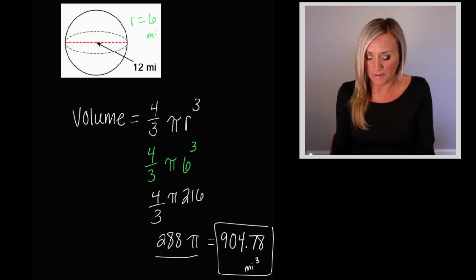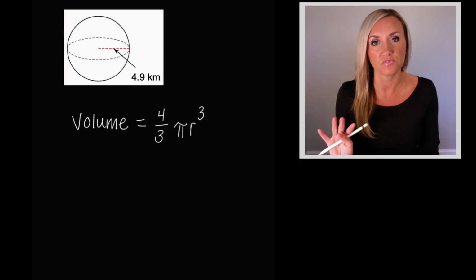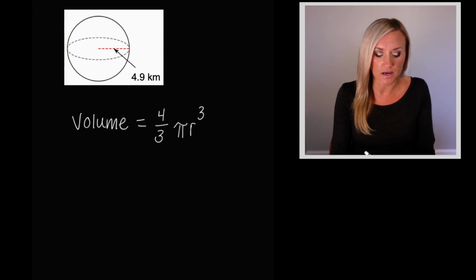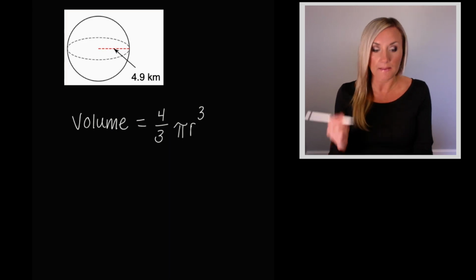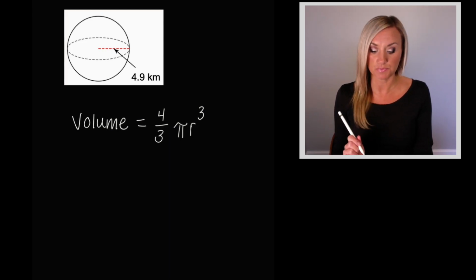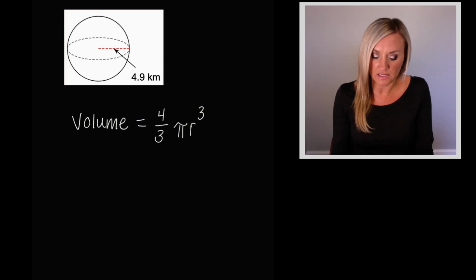Okay, so if you feel pretty comfortable, why don't you try this one on your own? Pause the video and see if you get the answer with me. I'm going to go ahead and start just because I already have the radius, right? So if the radius is 4.9, I am going to plug in 4.9 for r to the third power.